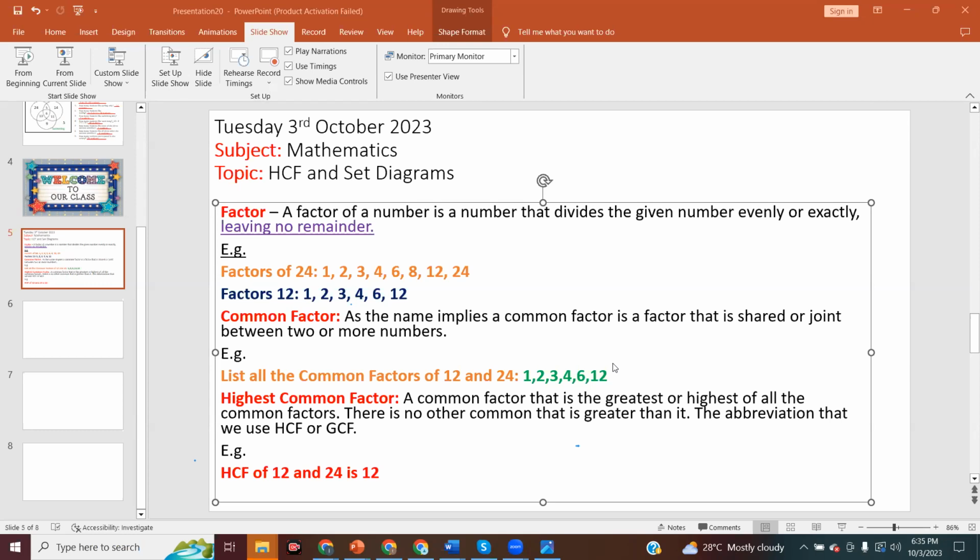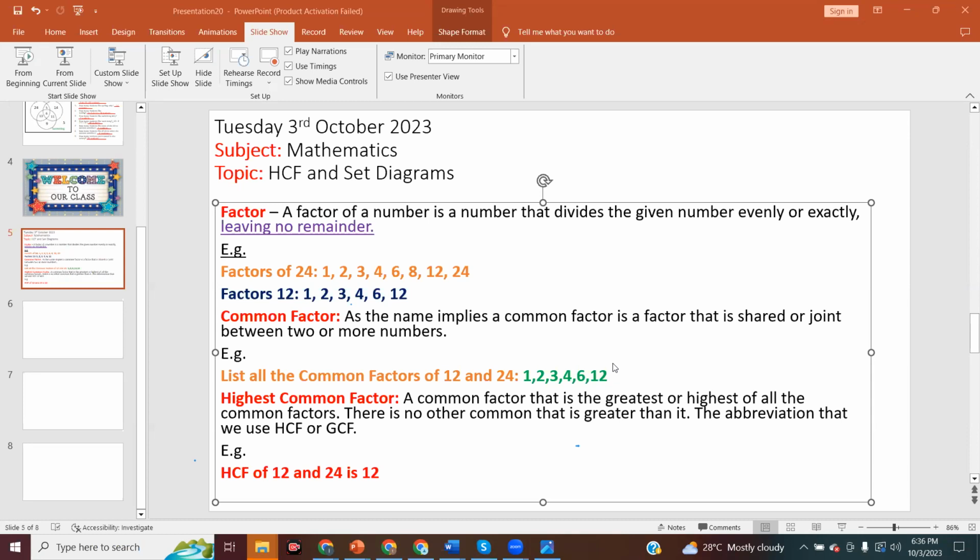So you may be wondering what connection HCF has to do with sets. Well, the idea is that we can put all of this information into a set. Well, not into one set, but into two sets with overlapping areas. All right, so let's do that.